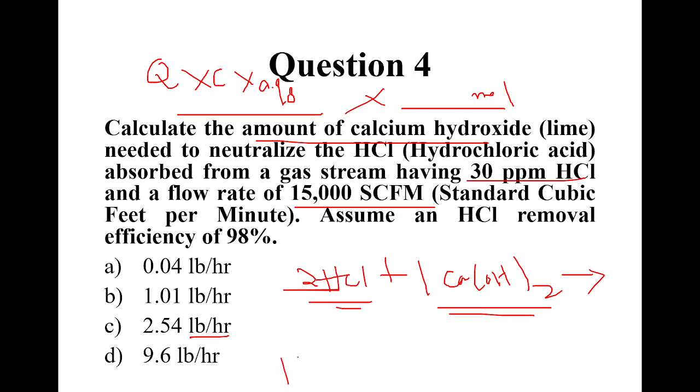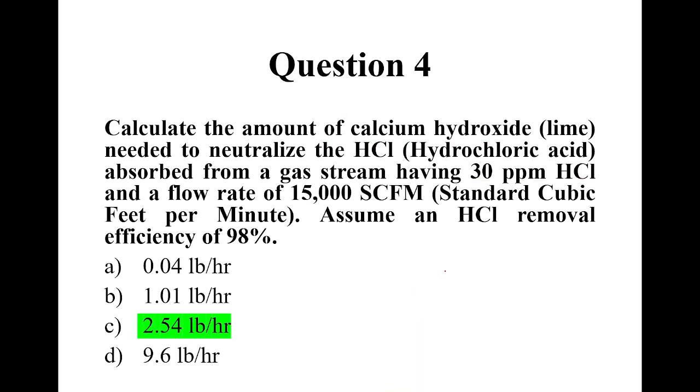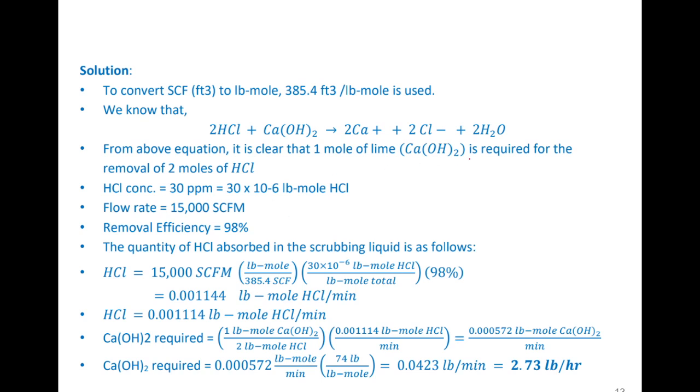So 15,000 is my standard cubic feet per minute, right? So how to convert it into lb? That is the value 30. 30 into 10 power minus 6 is my moles per HCl, and 385.4 will be my conversion factor to moles.